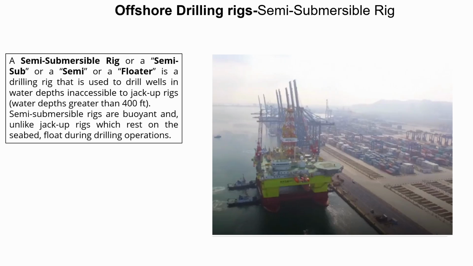Unlike a jackup, a semi-sub does not rest on the seabed while drilling. Instead, it floats in a stable semi-submerged condition and is kept in position using mooring systems and often dynamic positioning or thrusters. This makes it suitable for deeper offshore drilling while maintaining stability in challenging marine environments.